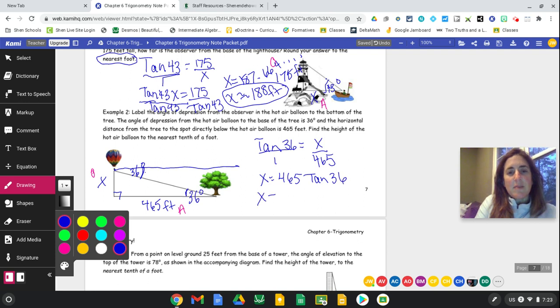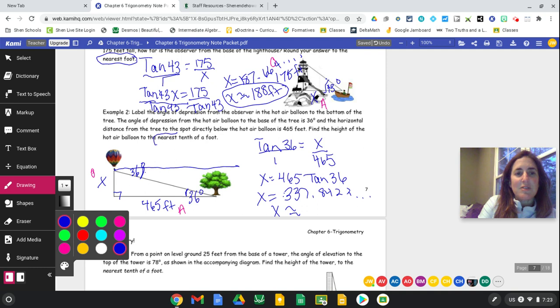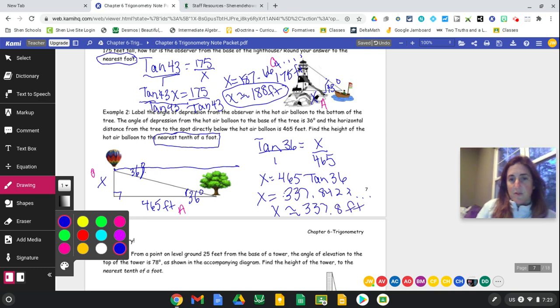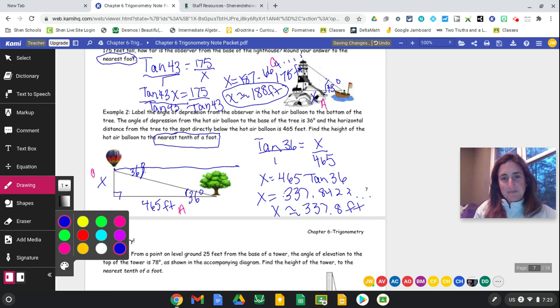When I punch that in my calculator, which is in degree mode, I get 337.8422 and so on. And I'm going to round that. I'm going to go back to my question and read. It says to the nearest tenth of a foot, so 337.8 feet, because the 4 rounds that to 0.8. That was super fun, people.